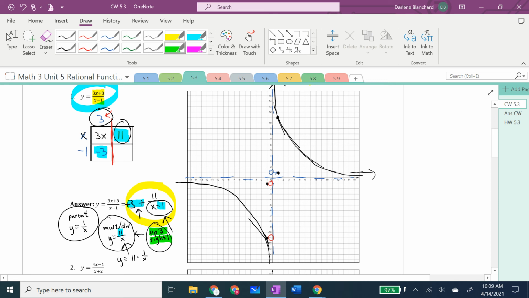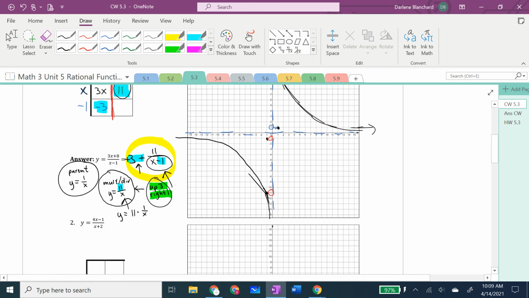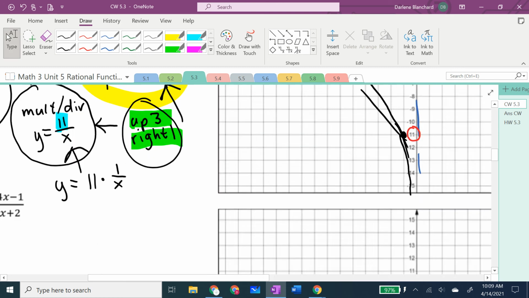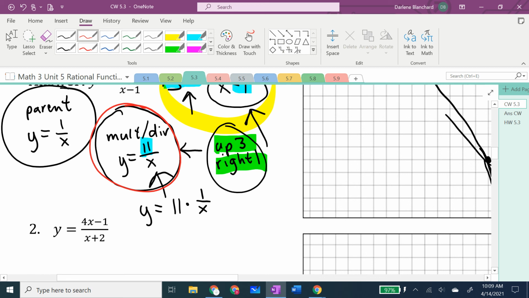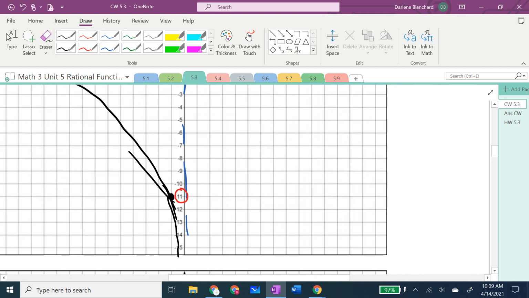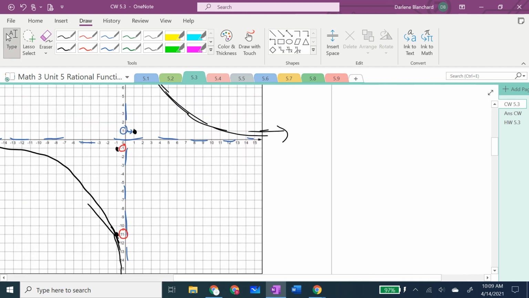Now, if you want to draw more accurate graphs, let me tell you that you have symmetry points. 1, 11. If you look at this, when x equals 1, y is equal to 11. But when x is 11, y is equal to 1. If you want to be more accurate, that can allow you for more accuracy.